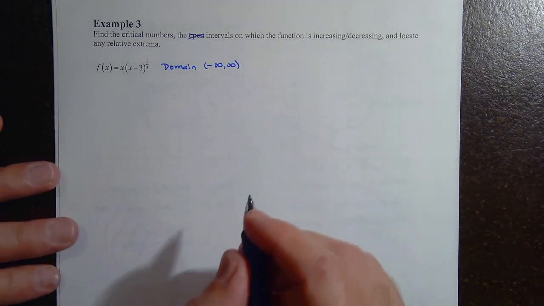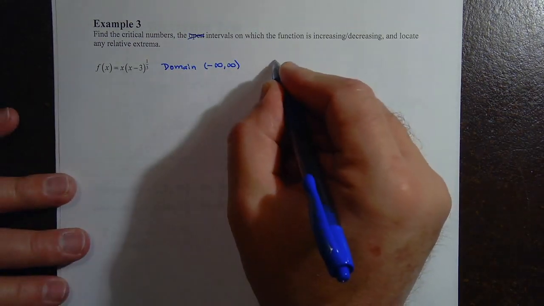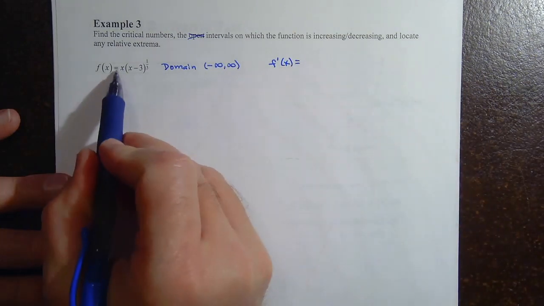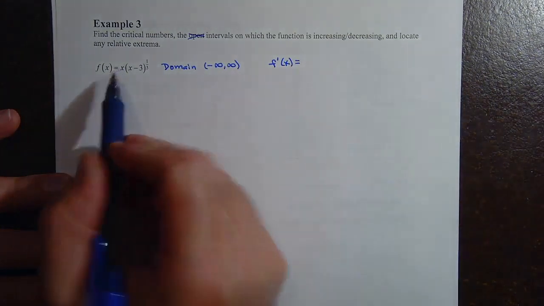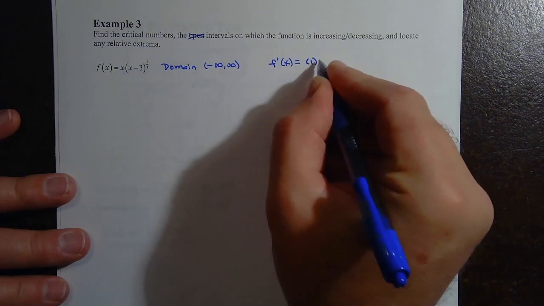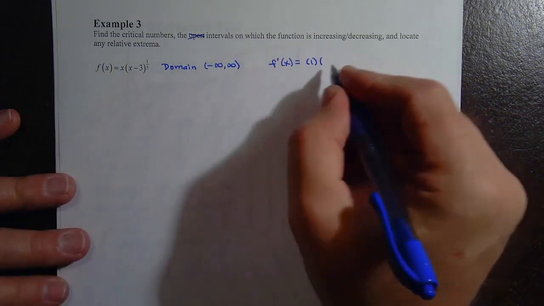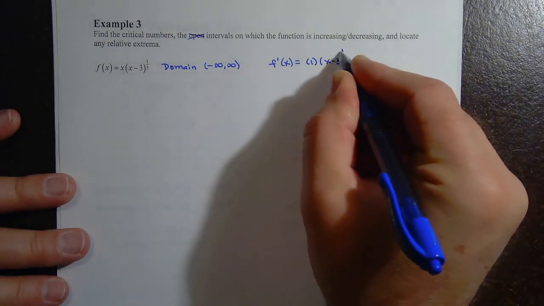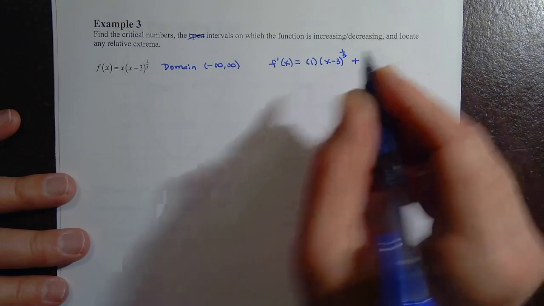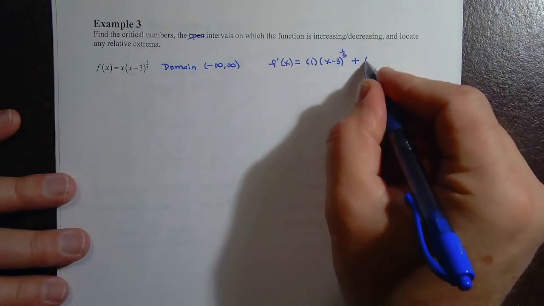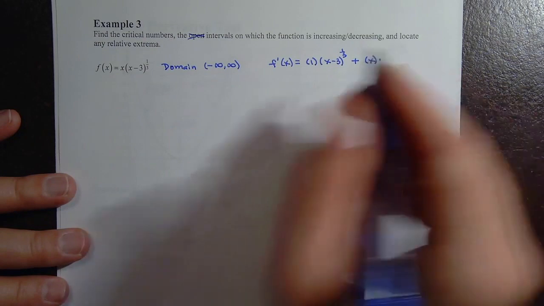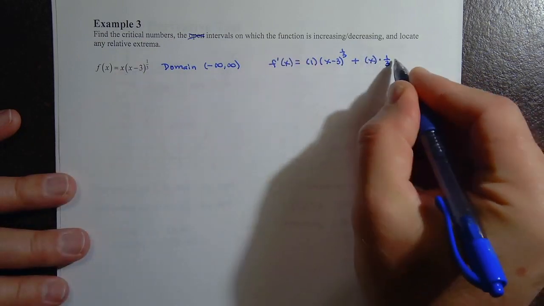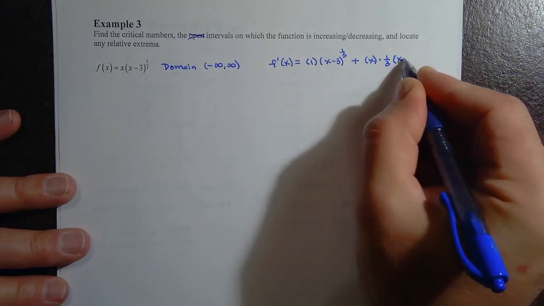Now, what's going to take a while is the derivative of this. So f prime of x, we have to apply the product rule. The derivative of the first part would be 1 times (x minus 3) to the 1/3 power, and then plus x times, and then we bring our power down, so that'd be 1/3, times (x minus 3).